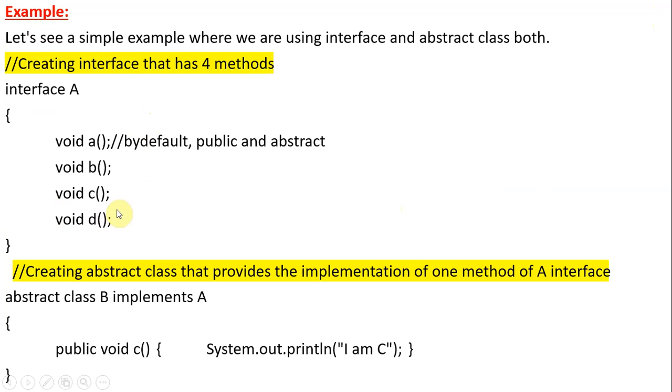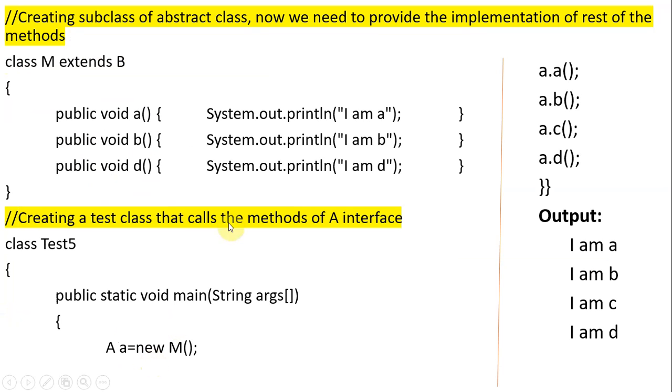All interface methods should be implemented by the classes, whether an abstract class or a normal class. So of these 4 methods, one is implemented in the abstract class, and the remaining 3 are implemented in another class M, which extends the B class.